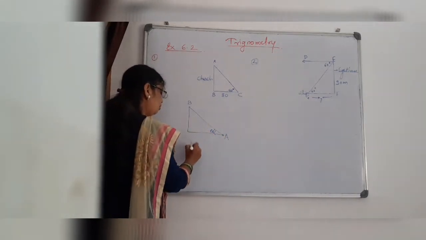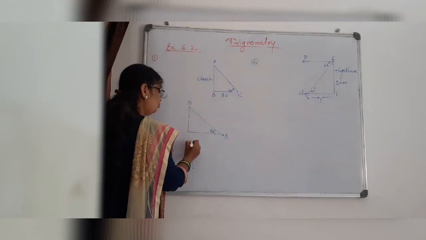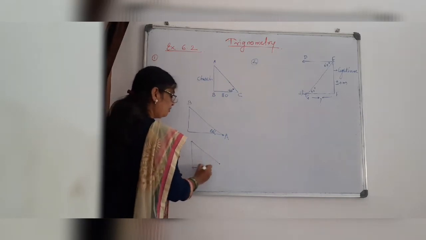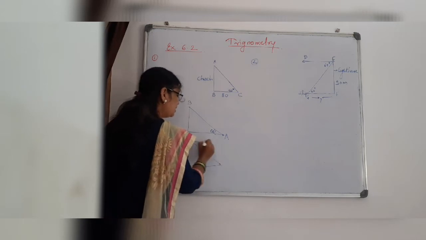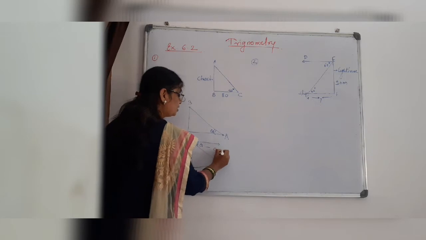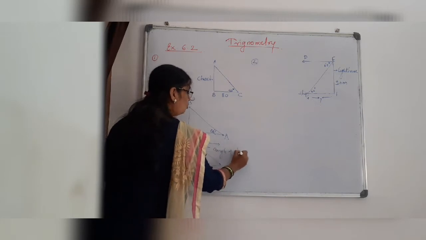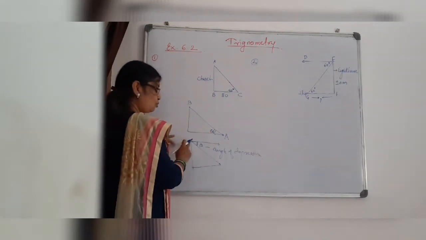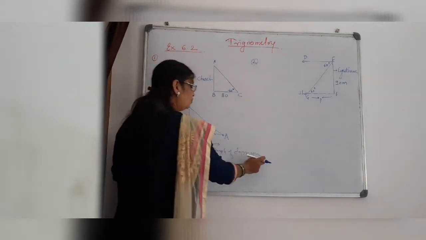Now what is meant by angle of depression? If any person looks from a higher level to a lower level, then here is the horizontal line. This angle is said to be the angle of depression. If he looks from top to bottom, it is the angle of depression.